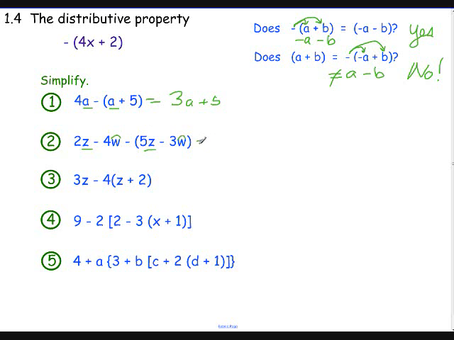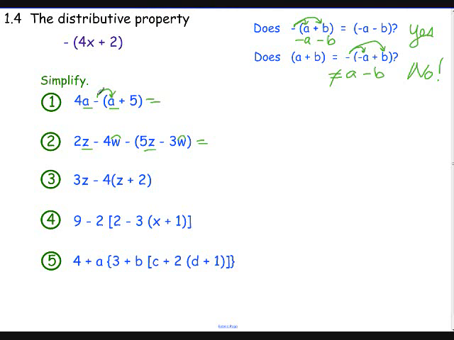So those can be combined. But I better be really careful here. Did you catch that? Oh, that's wrong. Let me get my eraser out. Oh, I can't believe I did that. What did I forget to do?